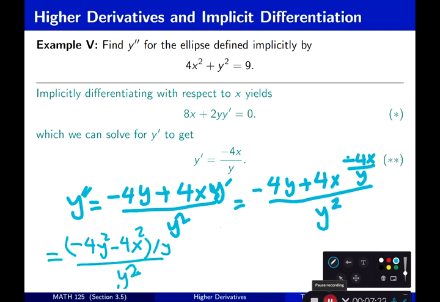Now simplify this, and we end up with a negative 4y squared minus 4x squared divided by, that y goes to the denominator, y to the third.